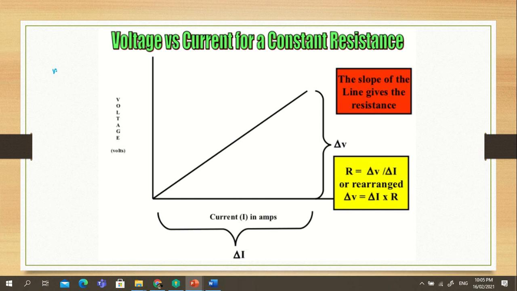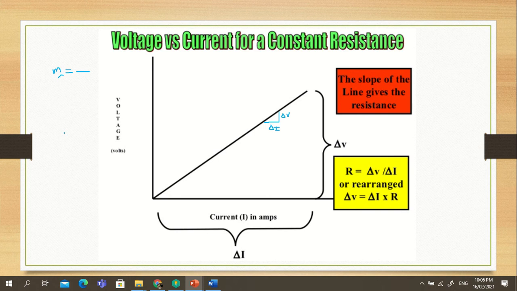So when you speak of slope M, that is the change of the vertical part. If you have this change in V, for example, this is our change in V, and we have here the change in I. If you take the ratio of the change of voltage with respect to the change of I, you'll have the slope.